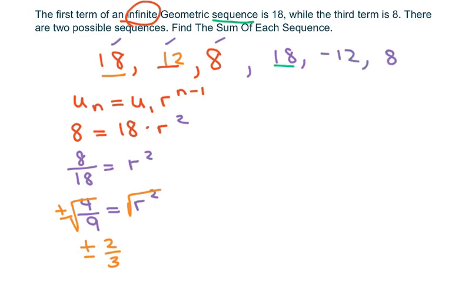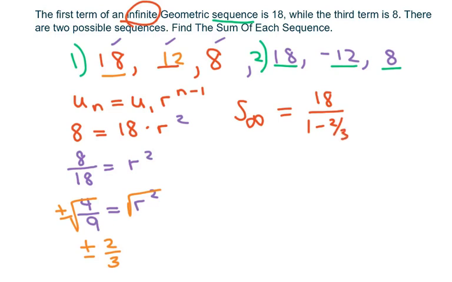So these are your 2 sequences. And then we have to find the sum of both sequences. And we're just going to use our infinite geometric formula. So we have the sum equals my first term, 18 over 1 minus 2/3.